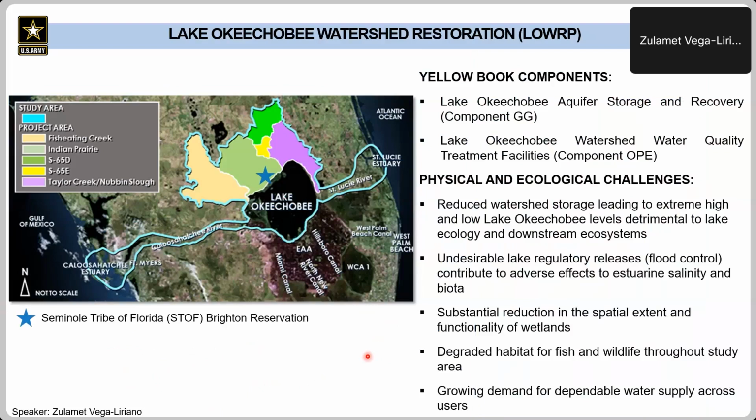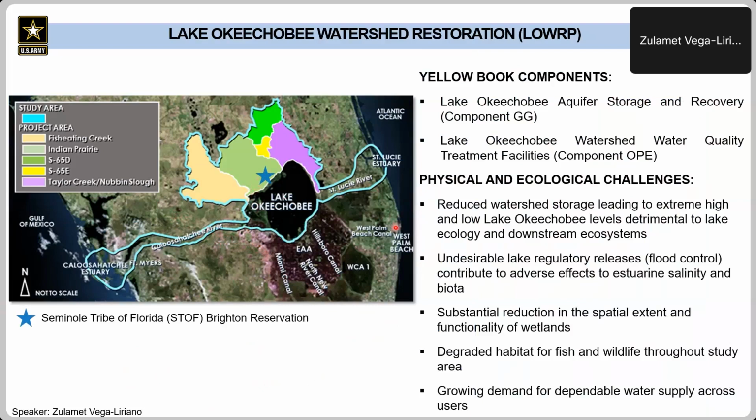The study area includes 5 subbasins within the Lake Okeechobee watershed, and includes portions of the Glades, Highlands, Okeechobee, St. Lucie, and Martin counties, along with the Seminole Tribe of Florida Brighton Reservation.